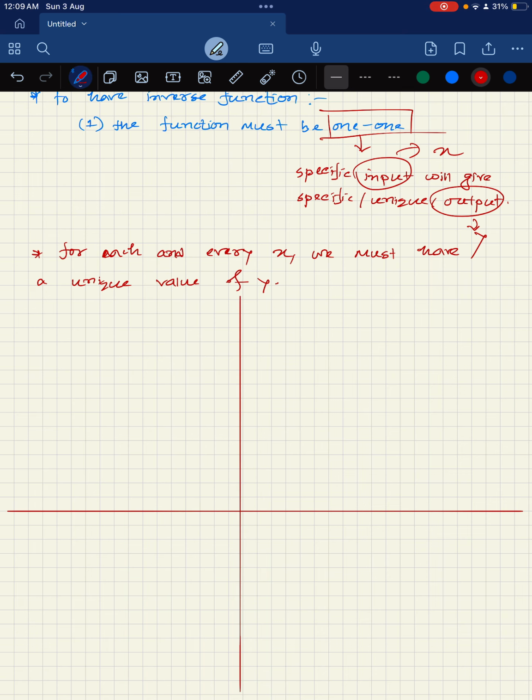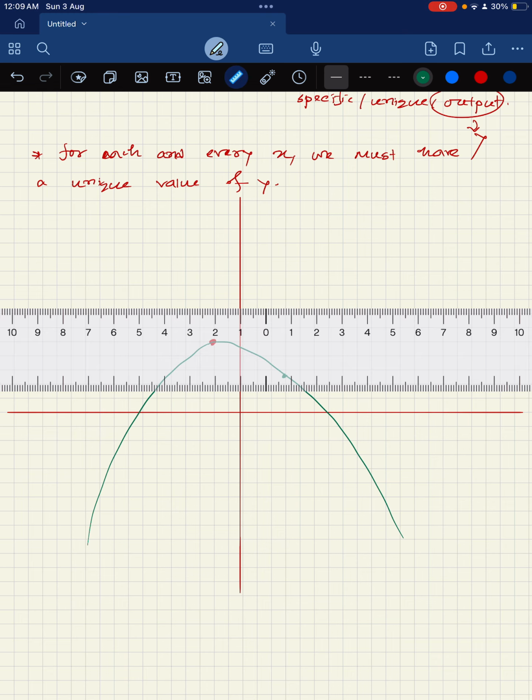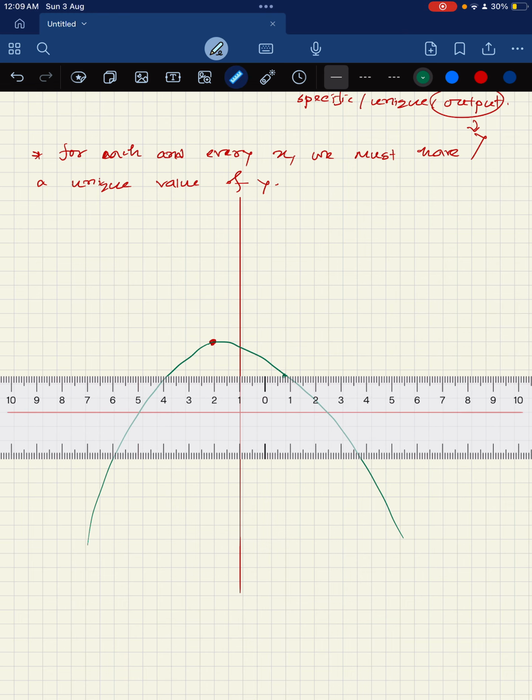Now for the whole graph, if you look at it again, the point -2 and 5, 1, 2, 3, 4, 5. If we draw the graph like this, for different values of x we get the same y value if we consider the whole graph.